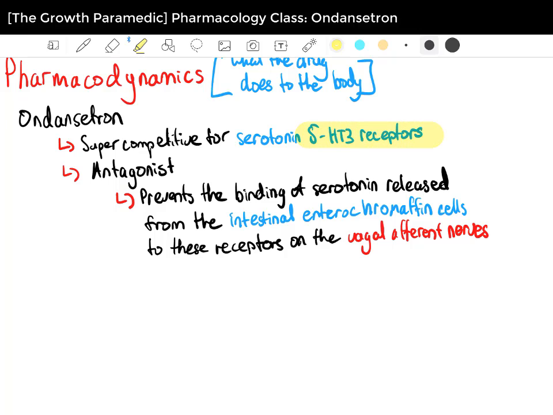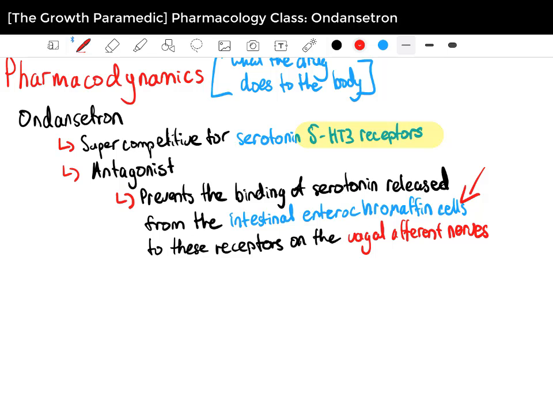So serotonin, which is released from the intestinal enterochromatin cells, when they're released, because Ondansetron has binded to the 5-HT receptors, it prevents the serotonin released to bind to these receptors, because Ondansetron has kind of came in the way and said, hey, we're already here, you can go away.